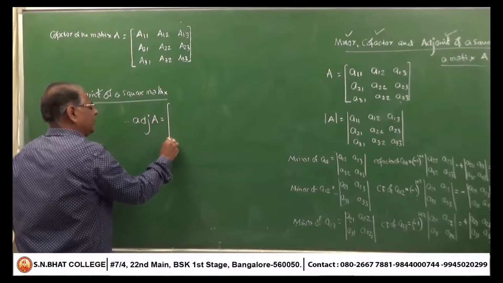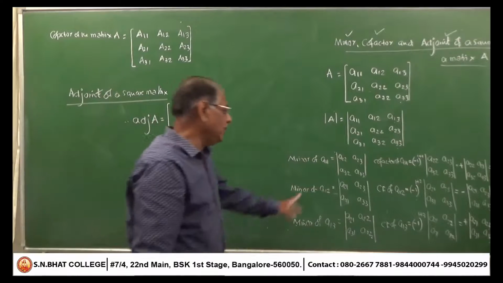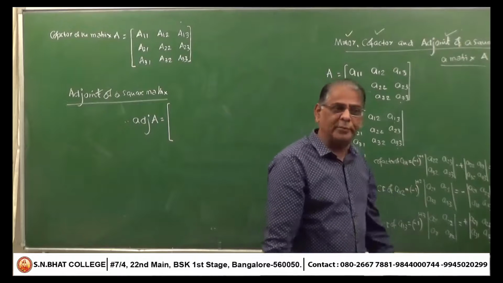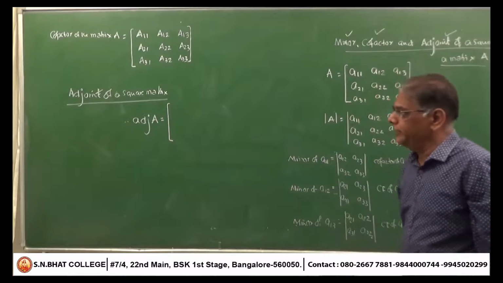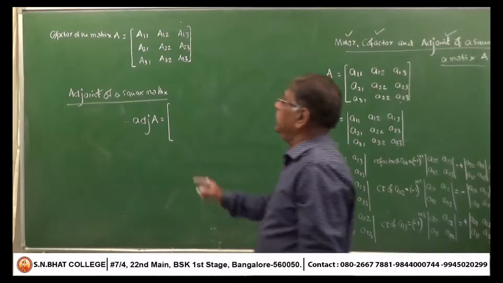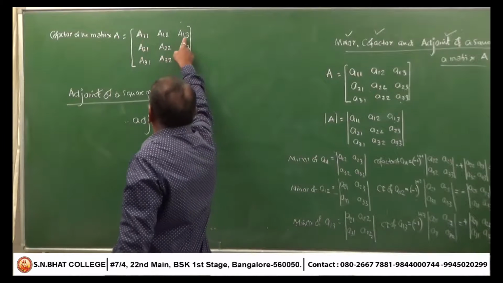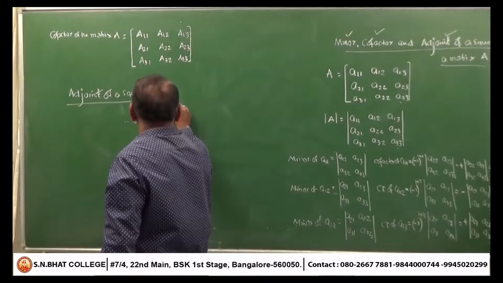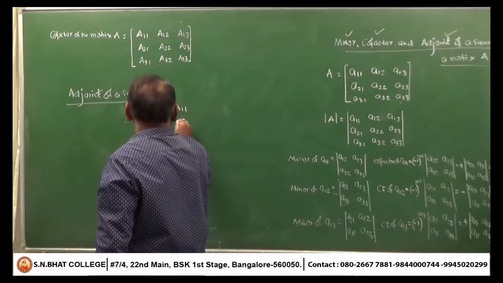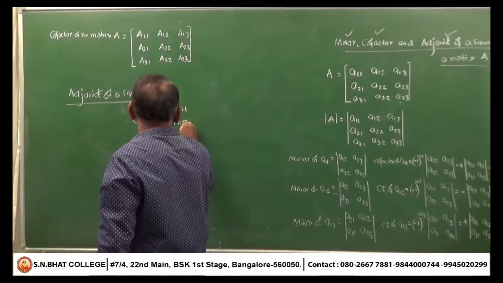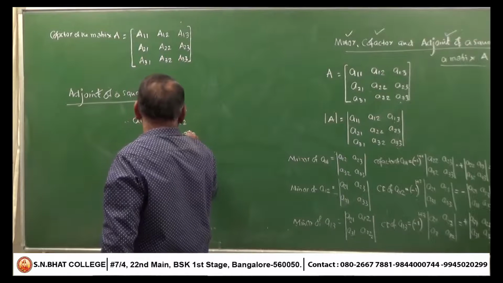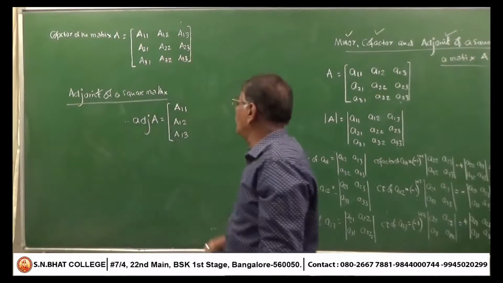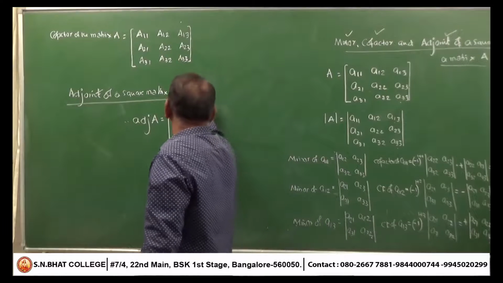Adjoint of A is a matrix. Only minors and cofactors are determinants; the rest of the terms are matrices. See here, this is the cofactor of the matrix A. Adjoint is nothing but the transpose of the cofactor, meaning write rows as columns and columns as rows.